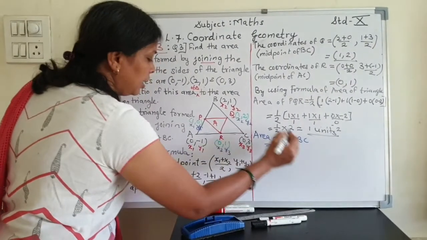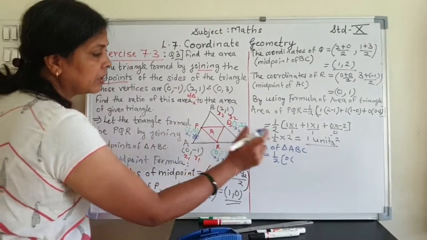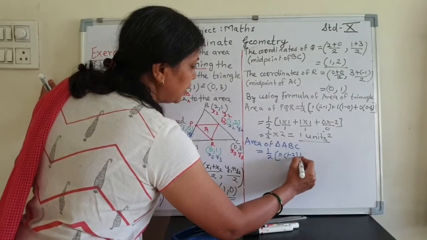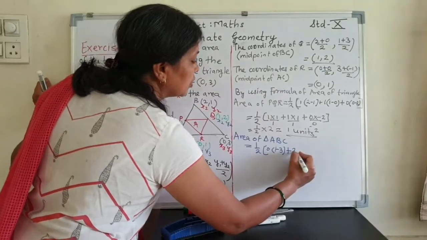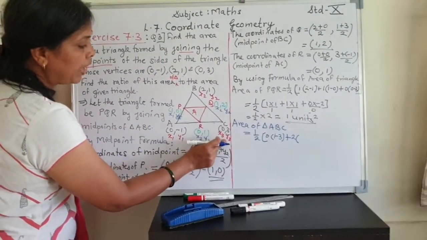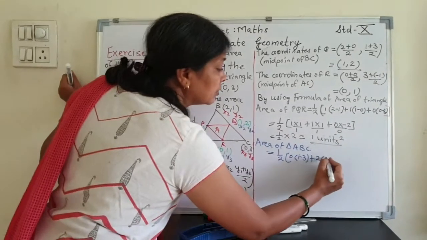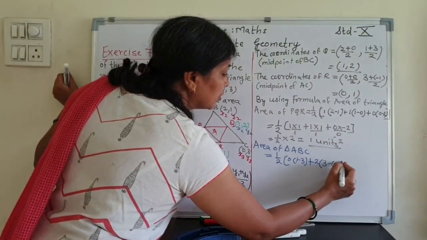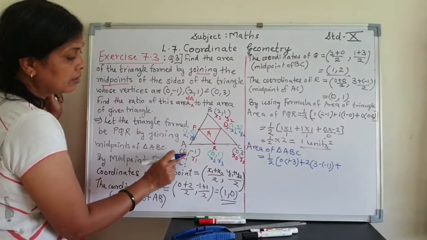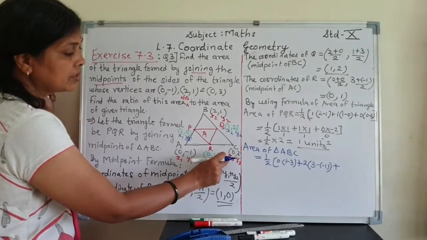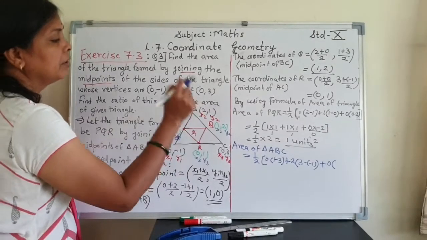So 0 into (y2, 1 minus 3) plus x2 is 2 into (next y3, 3 minus 1) plus x3 is 0. So here minus 1, minus 1.